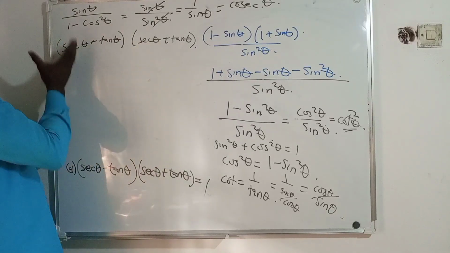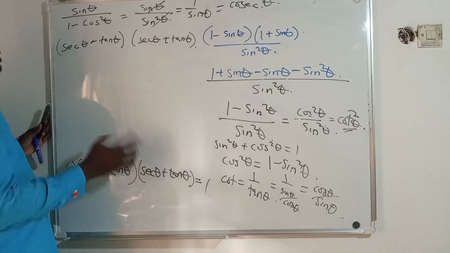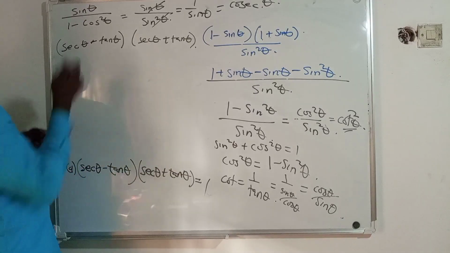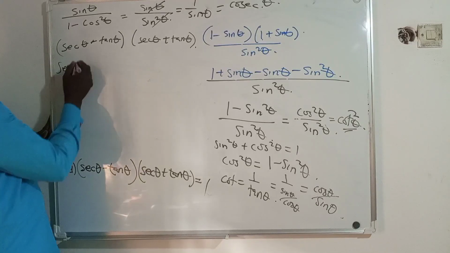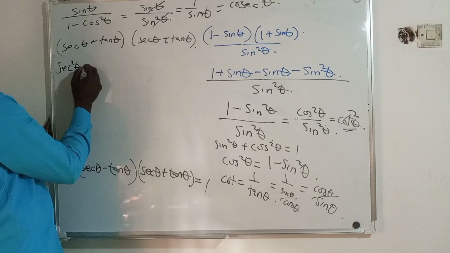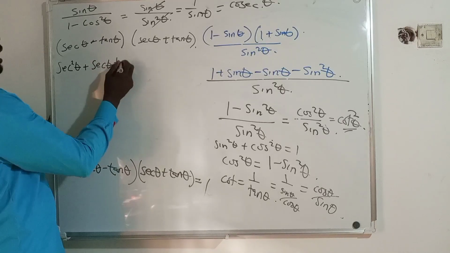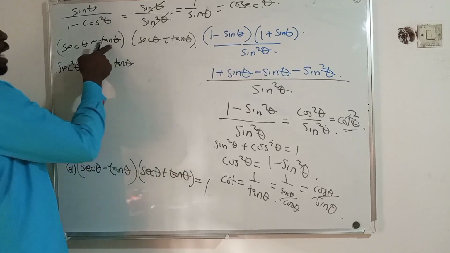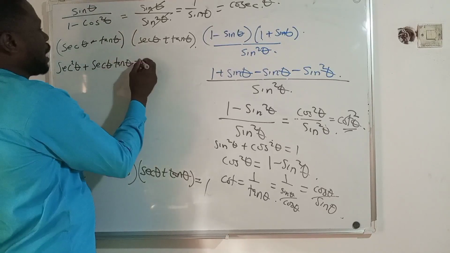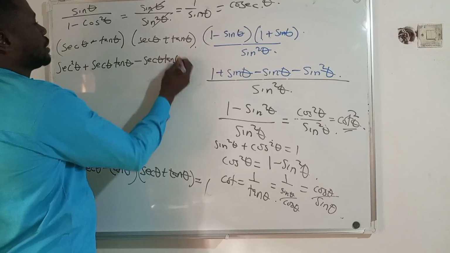Of course, whenever you have two brackets like this, it means that you have to multiply the two brackets. So sec theta multiplying sec theta will give us sec square theta. Sec theta multiplying tan theta will give us plus sec theta tan theta. Then minus tan theta multiplying sec theta gives minus sec theta tan theta.